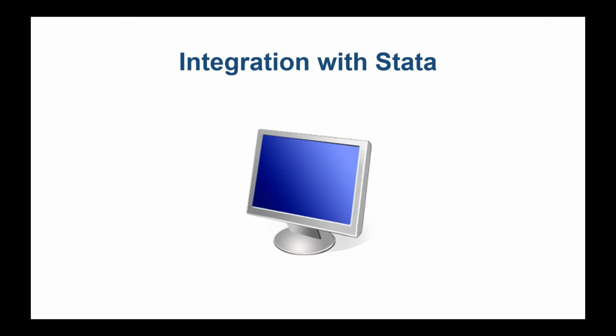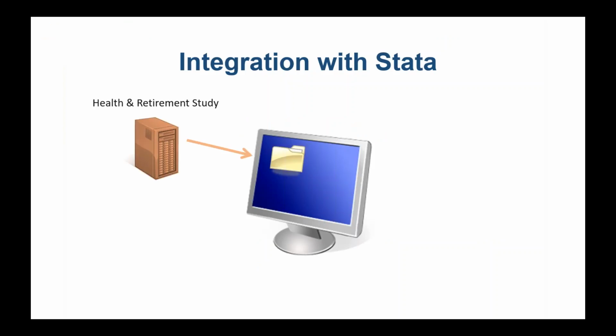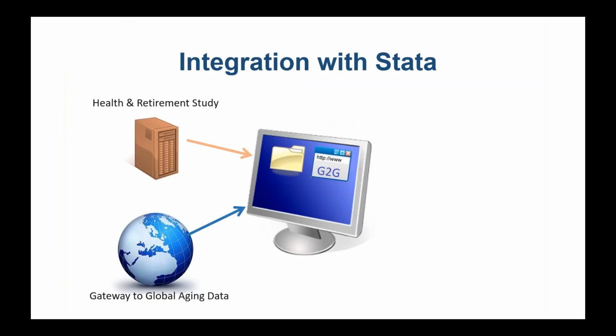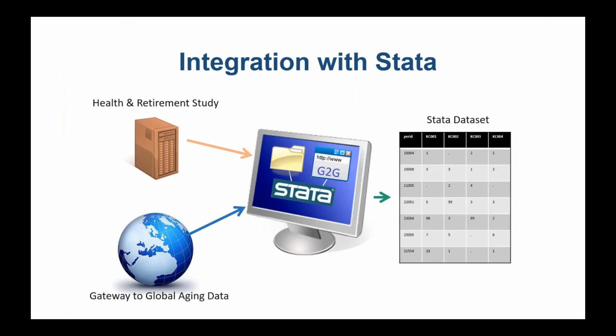One of the things that having a registered profile allows you to do is to integrate with Stata. The idea of integrating with Stata is that we can allow you to match those survey items that you're searching for on the gateway to the microdata sets that you have stored on your computer.